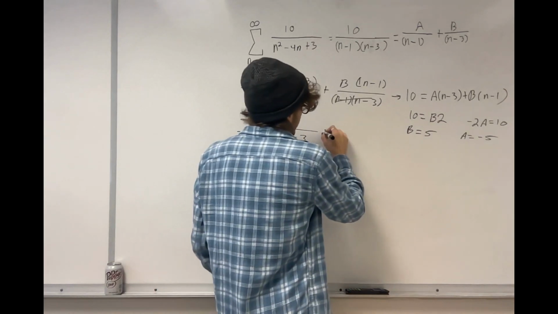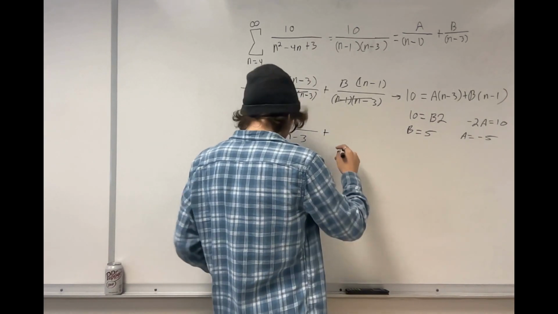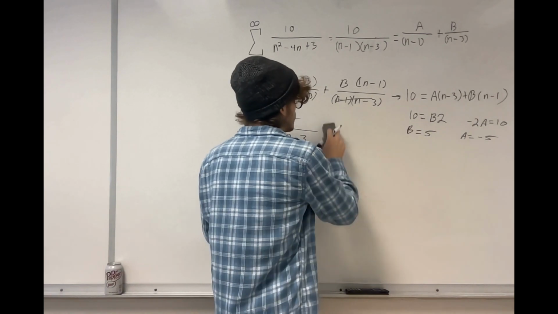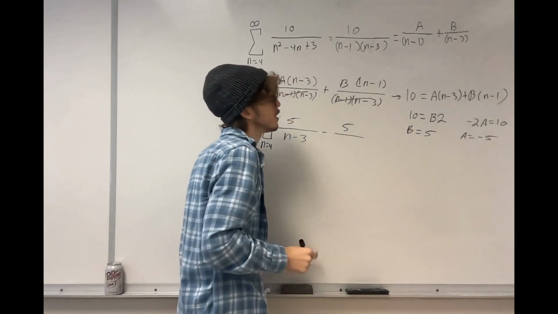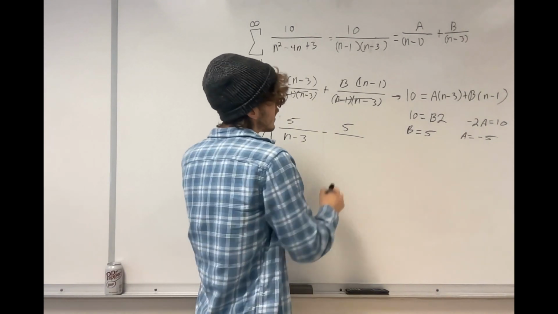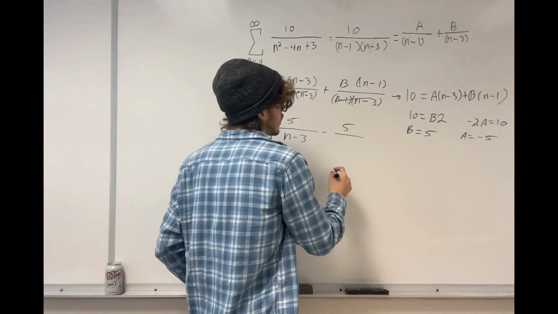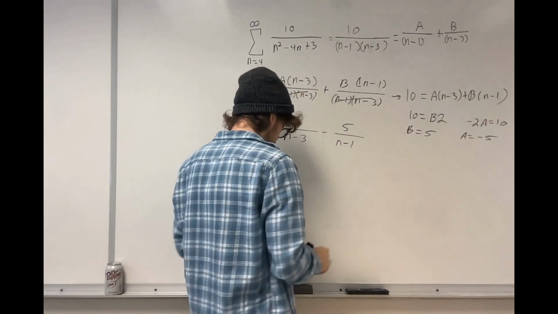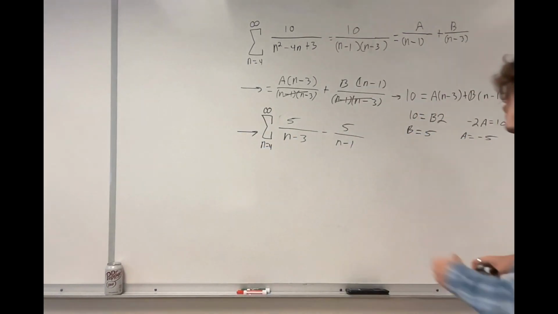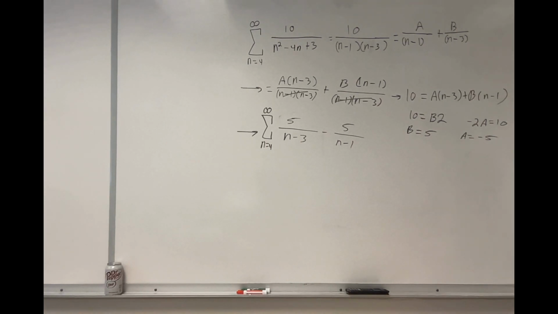And then we're going to add on a, which is negative 5 over n minus 1. So we turn the positive into a minus. So our overall series is equal to this. Now I'll let you look at the work quick before I erase it.